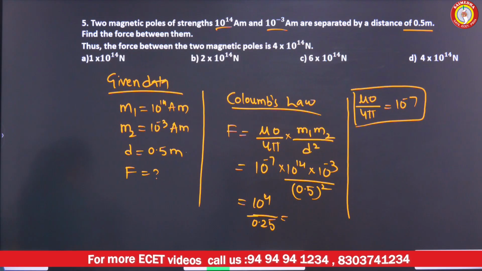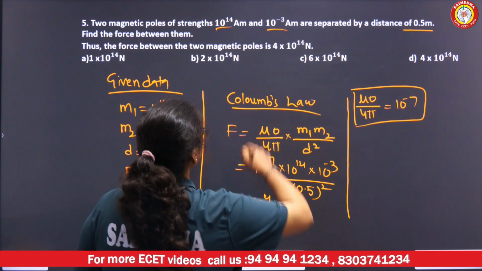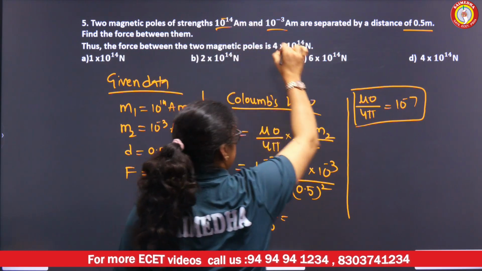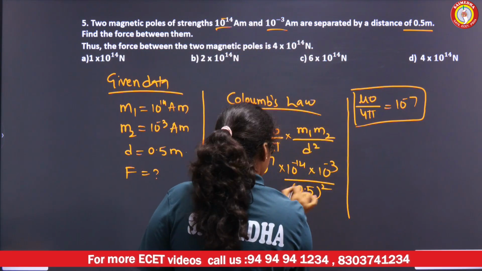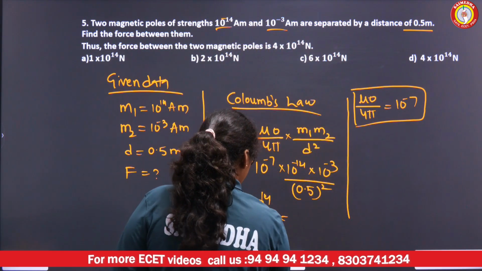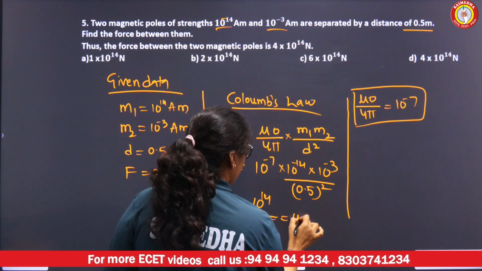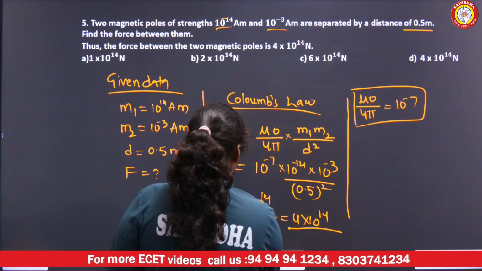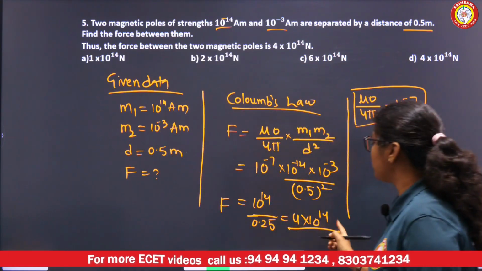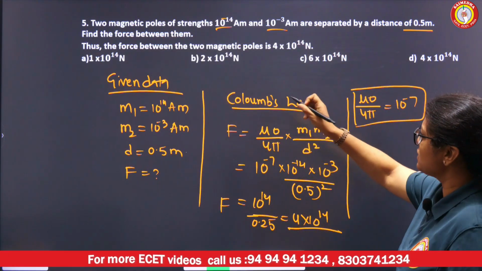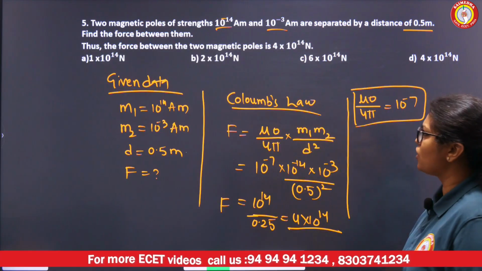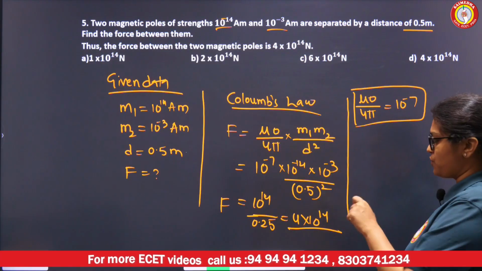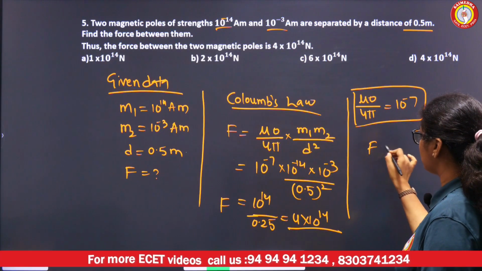So I can write 4 into 10 power 4. There are some slight mistakes, please check: the exponent here should be minus 14 where I wrote 14, so the calculation went somewhat wrong.